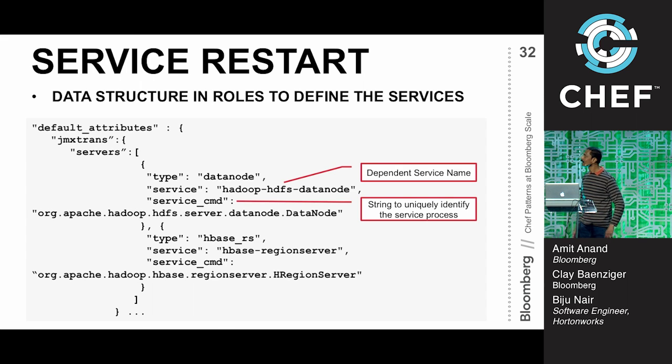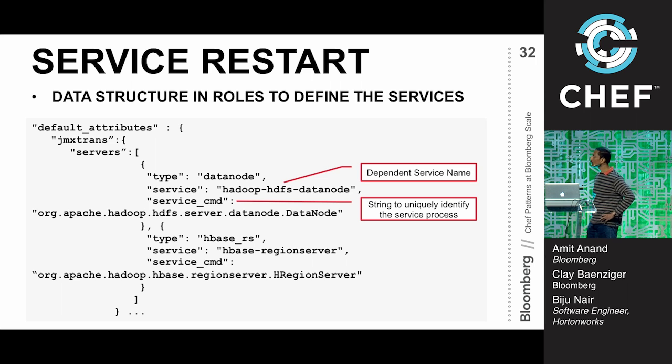Again, you might have heard me talking about data structures so many times. Here again, we have a data structure which we include in our roles, so that it defines all the services on which JMX trans depends.